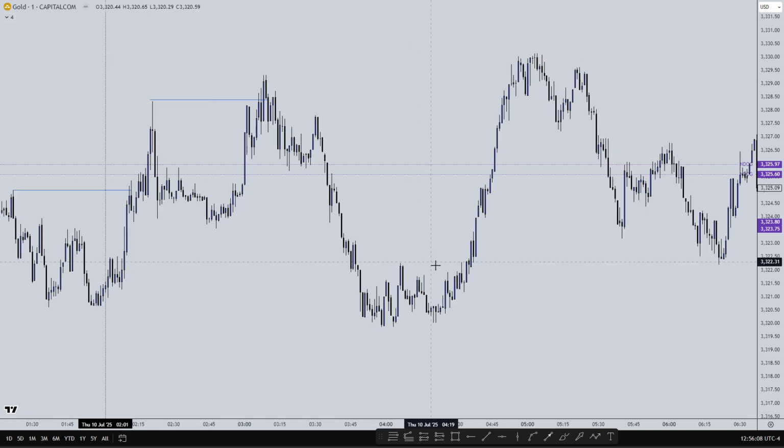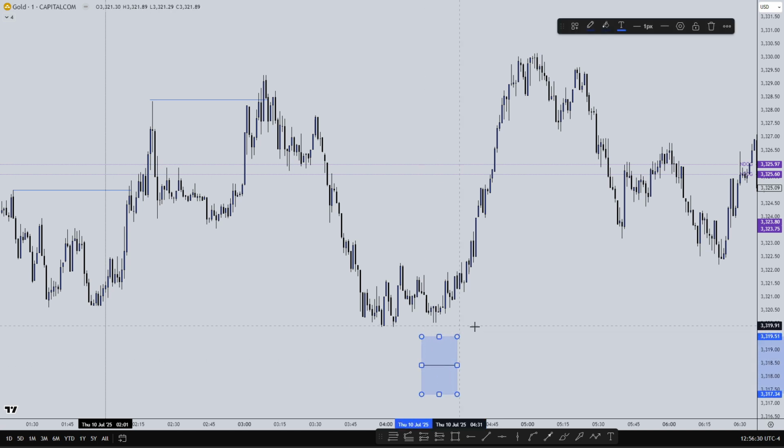And as I told you, between 4:15, which is here, to 4:30, there is an entry to the opposite direction, which is here. Right? Between here and here.